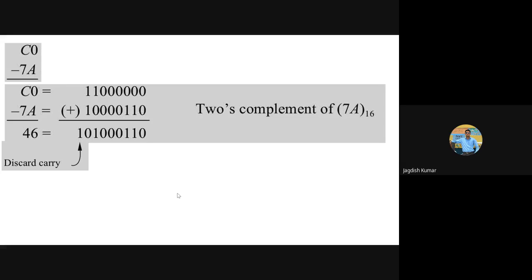There is something called a coder. A keyboard is a kind of coder because in the keyboard you type A, but then there is a corresponding binary code for A. That is done with the help of a coder.